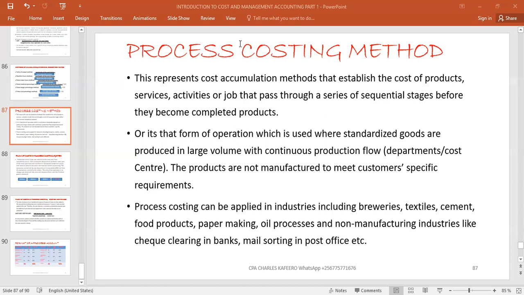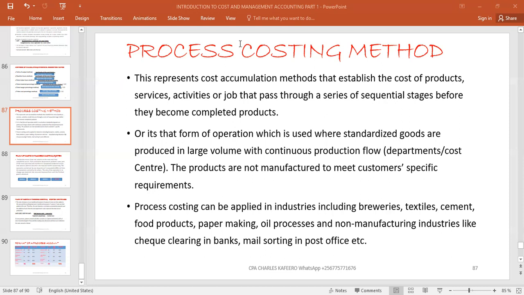We produce commodities that are identical or standard, and they are not a requirement of the customer's demands. We produce whatever we are producing so long as it is identical, homogeneous commodities. If it is cement, we produce cement. If it is soda, we produce soda. So that's what we are going to be talking about.